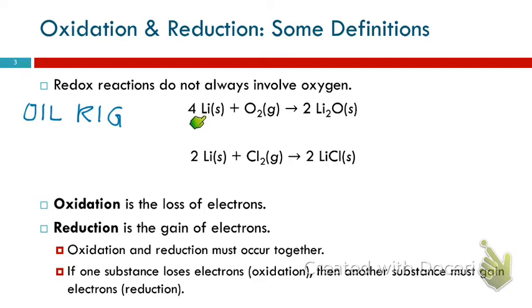Here we have lithium, and over here, lithium is now part of an ionic compound. So it's no longer lithium atoms, this is lithium ions, right? How do you get from a lithium atom to a lithium ion?